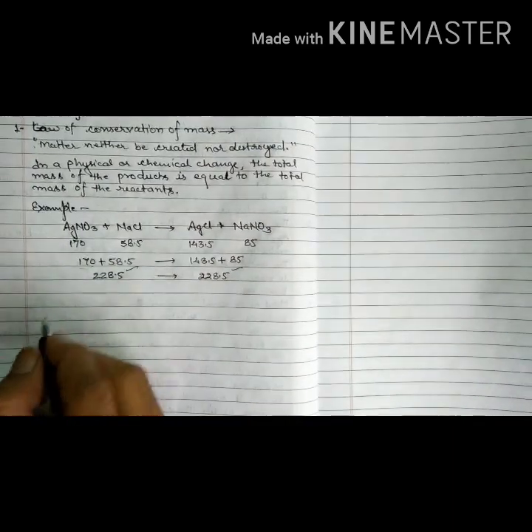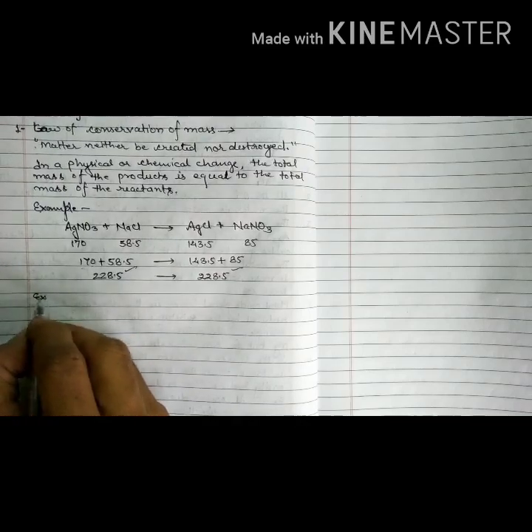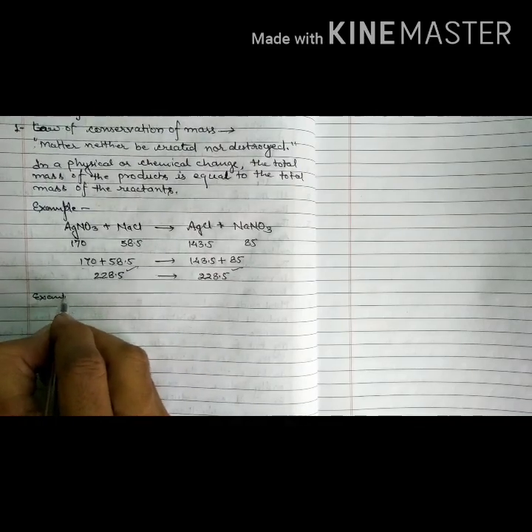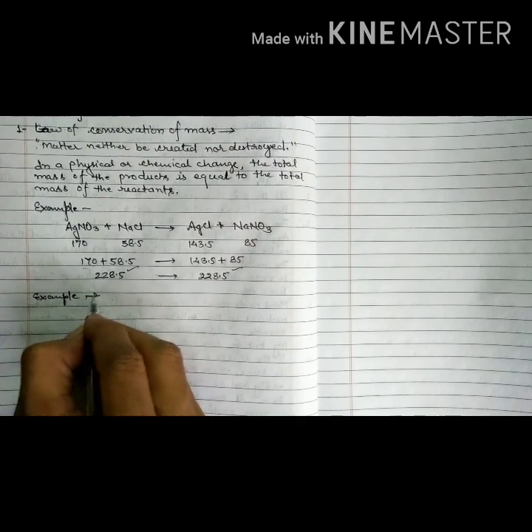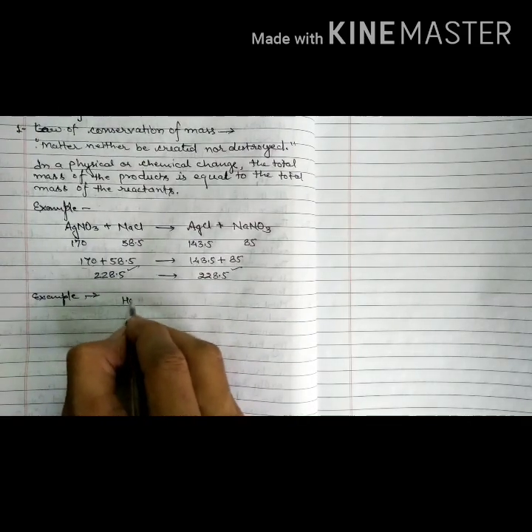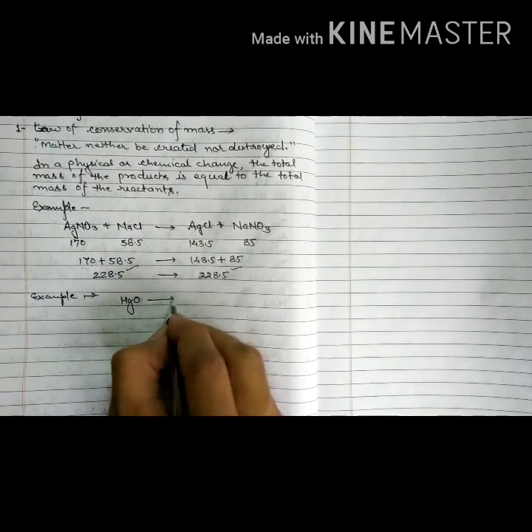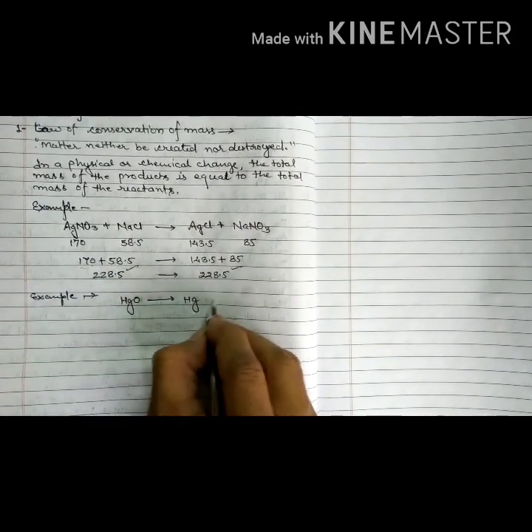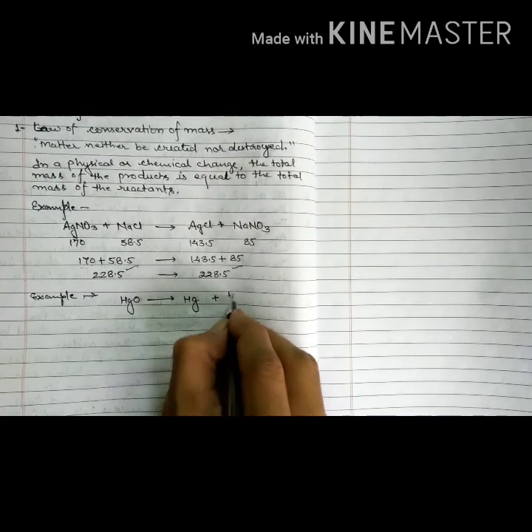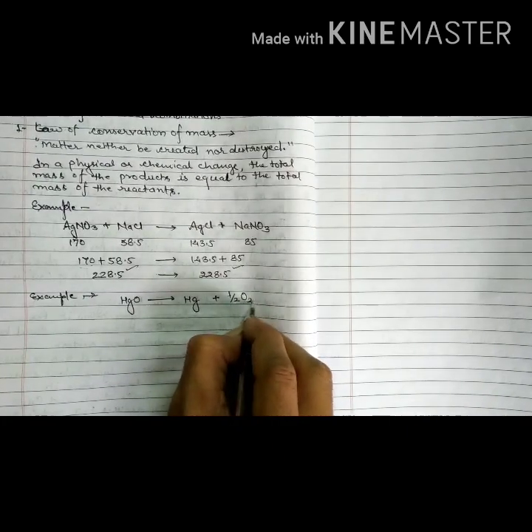In the same way, let's take another example in which HgO on heating decomposes to give Hg and half O2.